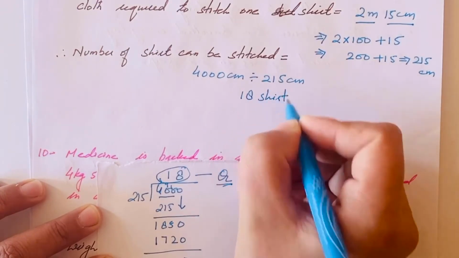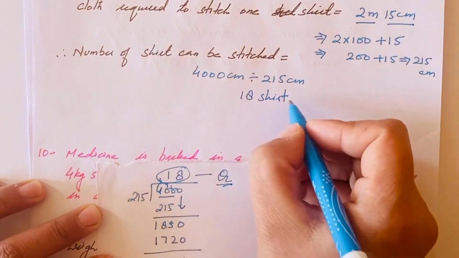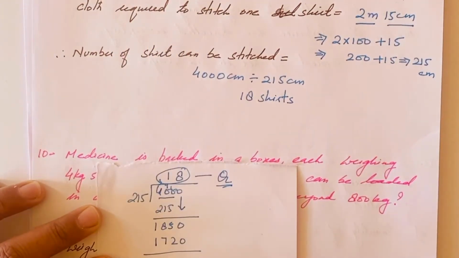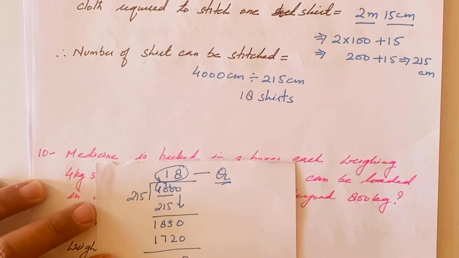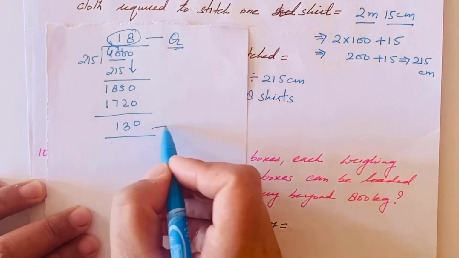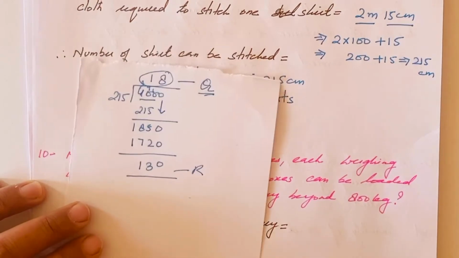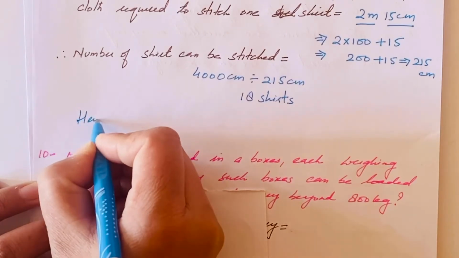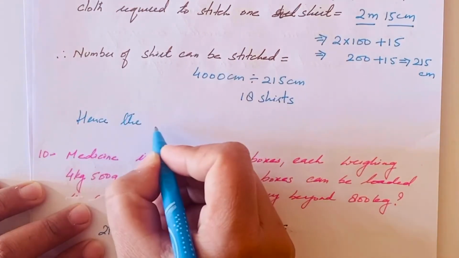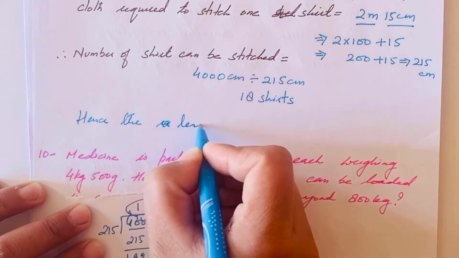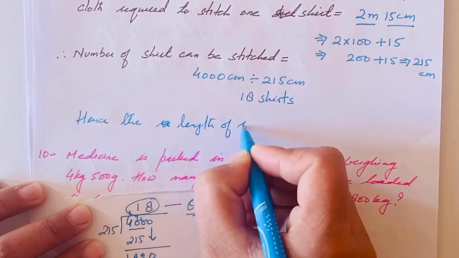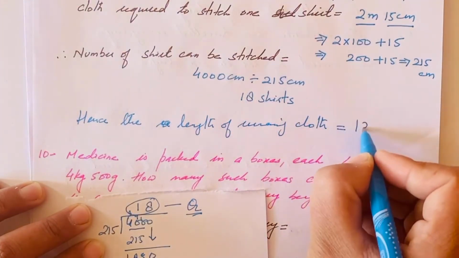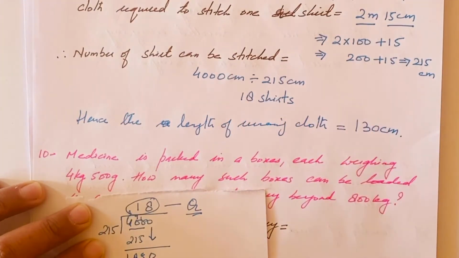We can stitch 18 shirts. The next question is, how much cloth will remain? There is some cloth remaining, because there is a remainder, that is 130 centimeter. So the length of remaining cloth equals 130 centimeter. This is your answer.